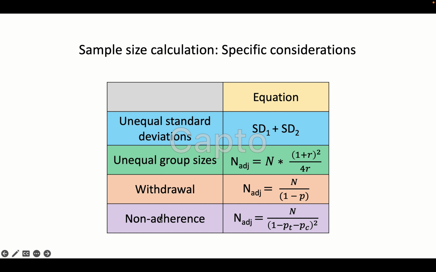Something similar happens with non-adherence, which is a similar concept but not exactly the same as withdrawal. So again, we just need to adjust the calculated sample size by dividing the estimated sample size by the square of 1 minus the proportion for the treatment minus the proportion of the control group. What I mean by proportion is the proportion of non-adherence in that case.